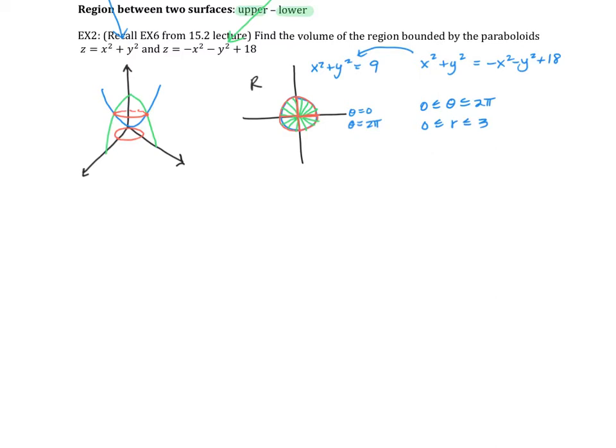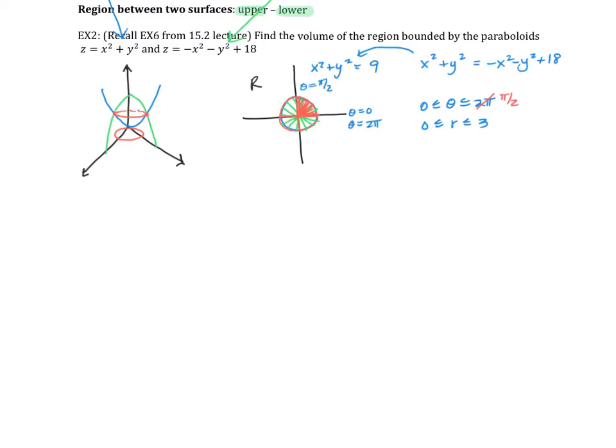So instead of integrating from 0 to 2 pi, I could choose to integrate from, say, 0 to pi and then multiply by 2. Or, I think I'm going to do this, I'm going to integrate from 0 to pi over 2, and change my limits of integration from 2 pi to pi over 2.